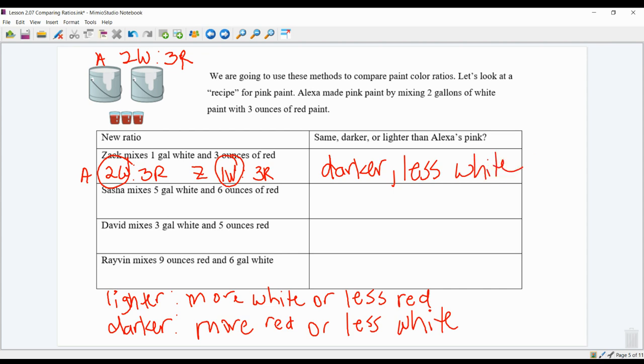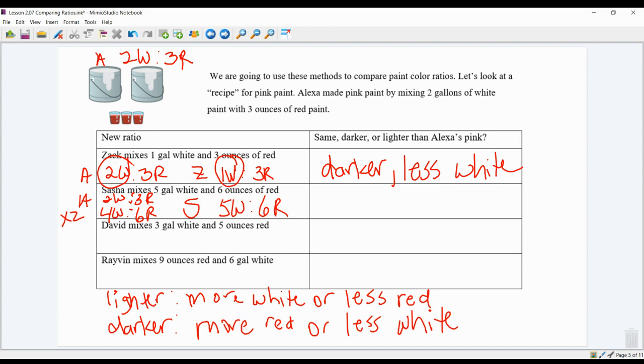Okay, and now Sasha mixes a different paint combination. She does 5 gallons of white to 6 ounces of red. Alexa is still 2 white to 3 red. Now I want to make something the same, and this time it seems like the easiest way to make something the same is to multiply Alexa's by 2, because then she'll have 4 white for every 6 red.